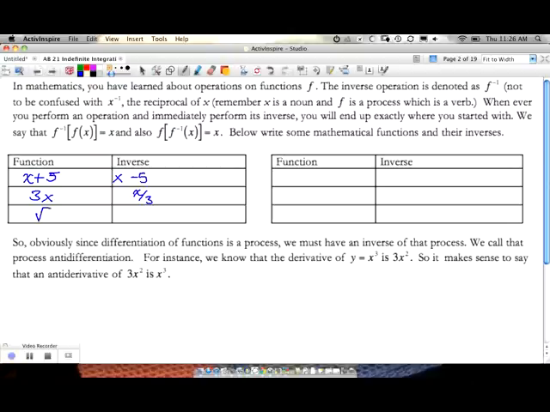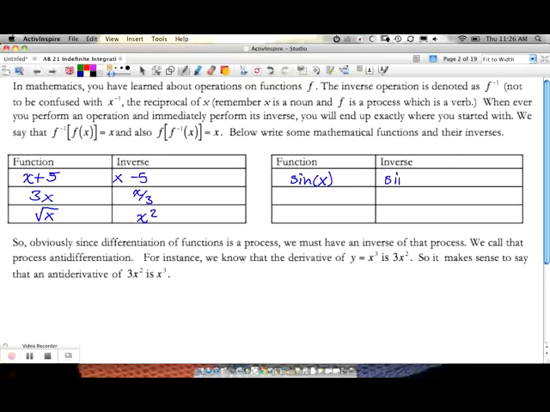Okay, let's get a little bit more complex here. How about the square root of x? Well, the opposite of square root is going to be x squared, or the inverse of square root of x. There's other ones that we can do. We can do some trig, maybe. How about sine of x? Now this is a little tricky because a lot of people think sine, they think opposite or something different.